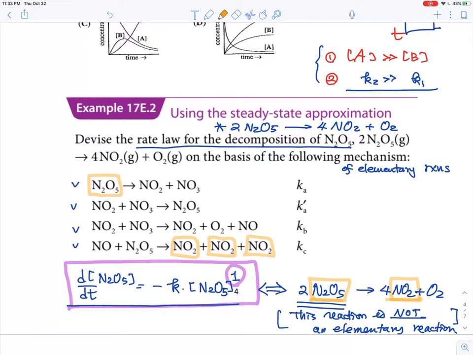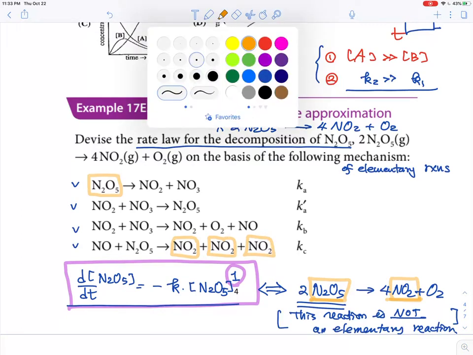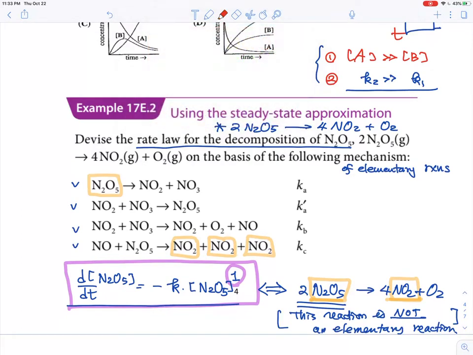Other than that, I am going to highlight something that is not reactant or product. In here, I see NO3, and I also see NO, monoxide, and a trioxide. So it appears here and there in these equations, and so on.